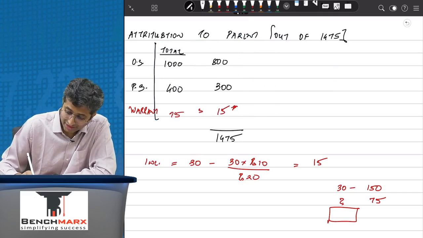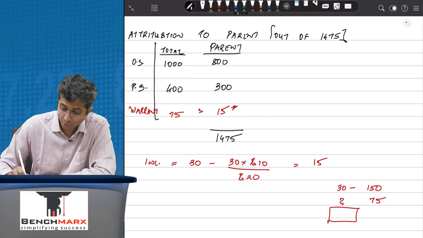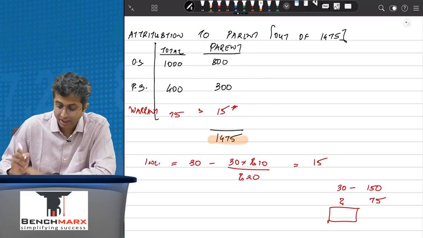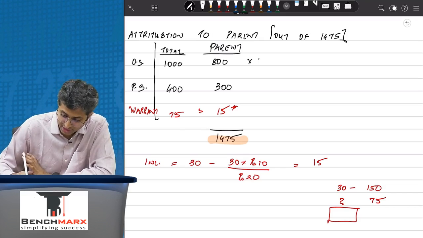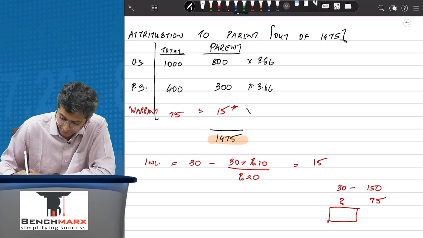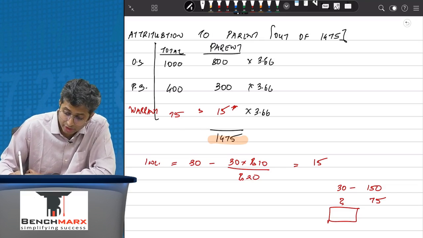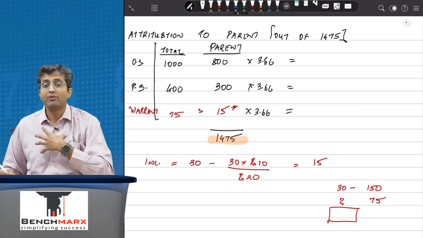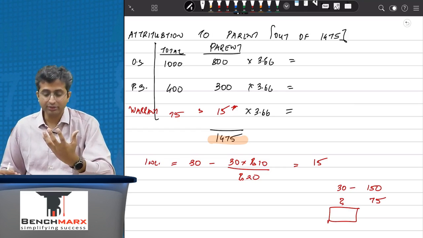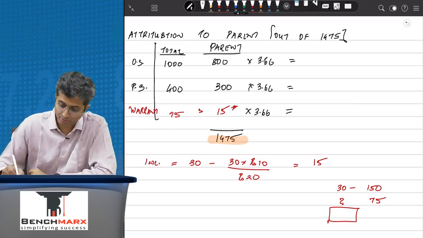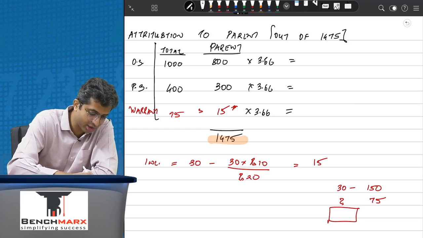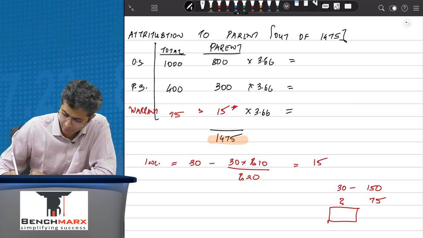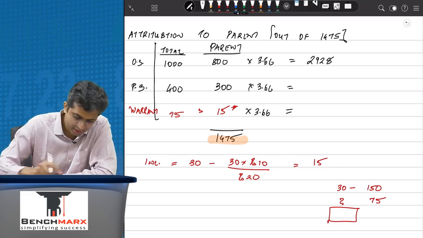For each share, whether it is actual or potential, within 1475, the earning is 3.66, and hence you will multiply by 3.66 for each of them to find the total diluted earnings from which the parent earns from the subsidiary's instruments. So here, 800 into 3.66 will be 2928.